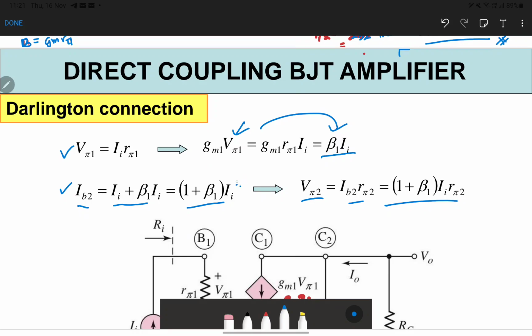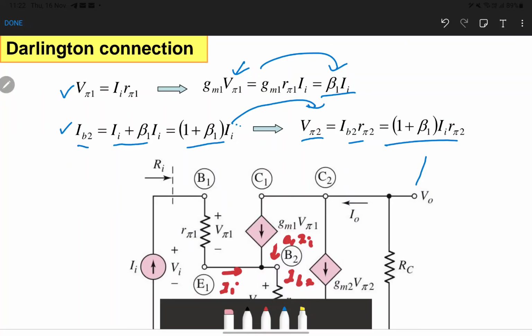From this current, we know that current IB2 times R pi 2, we can compute V pi 2. So V pi 2 finally is equal to 1 plus beta 1 I R pi 2. And then from these relations, we can replace V pi 2 inside the gm2 V pi 2.